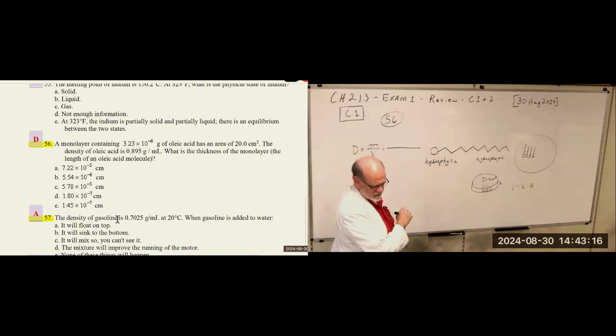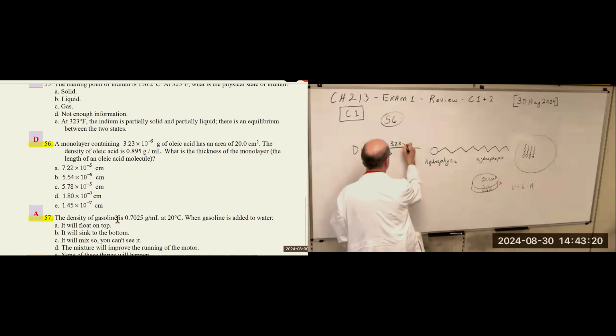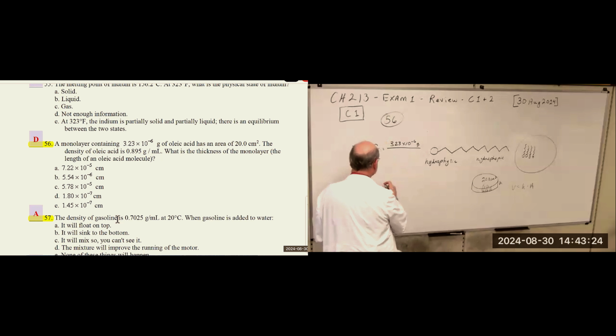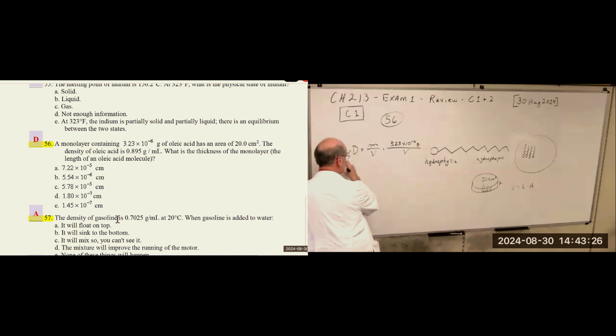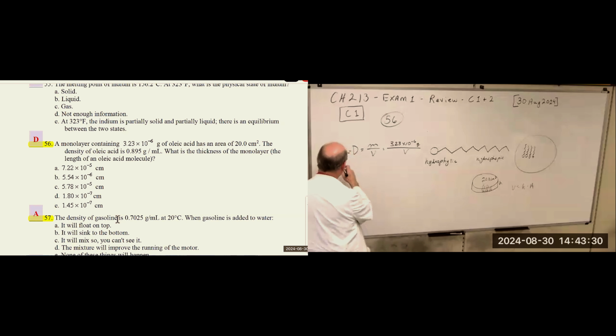The mass is given as 3.23 times 10 to the minus 6. And the density is equal to 0.895 grams per milliliter, which is the same as cubic centimeters.